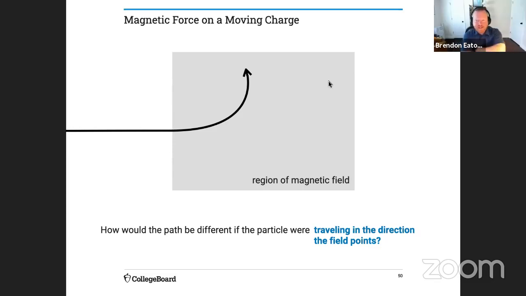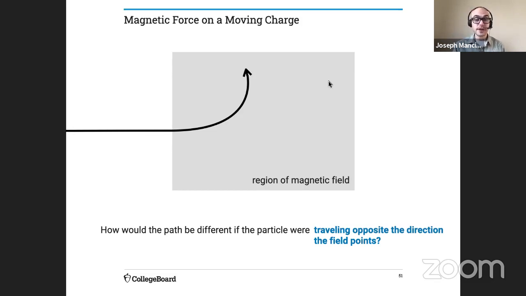So that means the angle is 0. What is the sine of 0? The sine of 0 is 0. If this were traveling directly parallel with the magnetic field direction, it would just travel on through and not curve. But what if this particle were traveling in the opposite direction of the magnetic field?